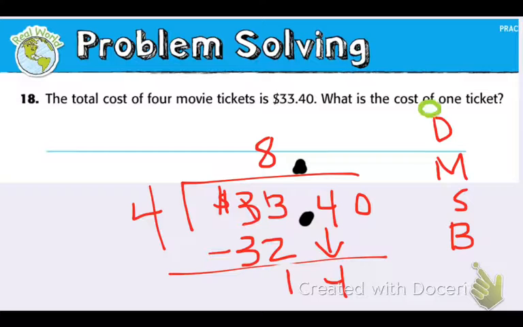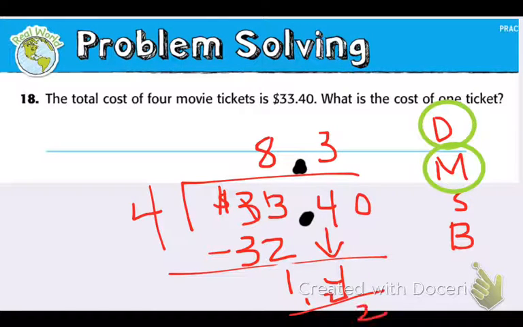How many times will 4 divide into 14? 3 times. What is 4 times 3? Well, that's 12. I can subtract 12. And 2 is smaller than my divisor. So I know that it's okay that I did 3 groups of 4. Finally, bring down that 0.